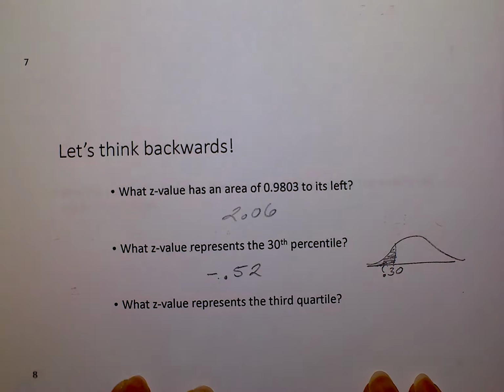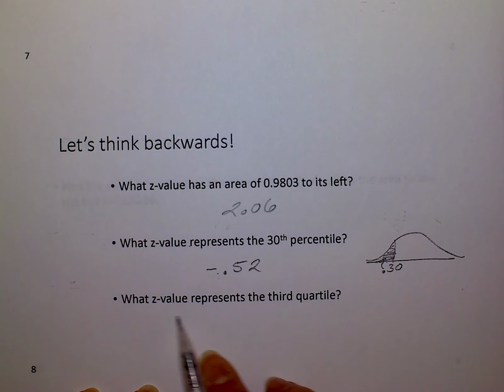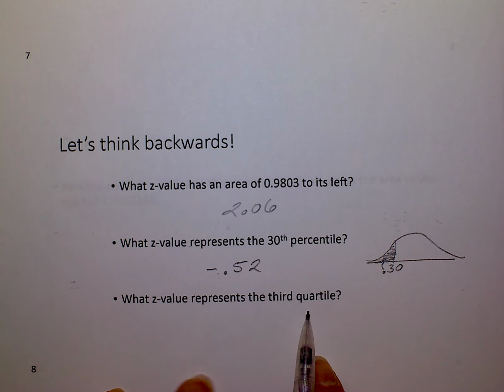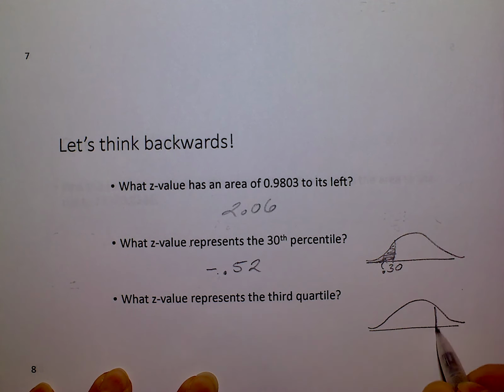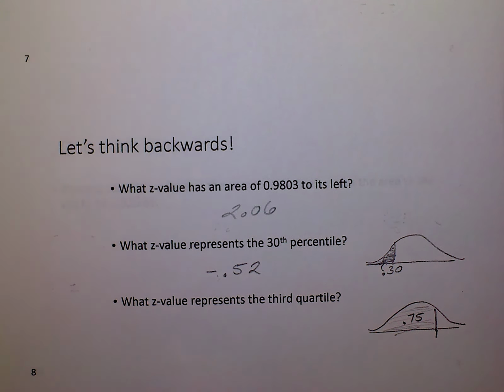Okay. One more going like this. The z value represents the third quartile. Do you remember what the third quartile meant? 75%. So that means it's greater than 75% of the data, and we're looking for the z value here that would give that to us.